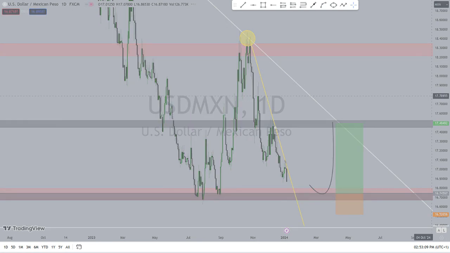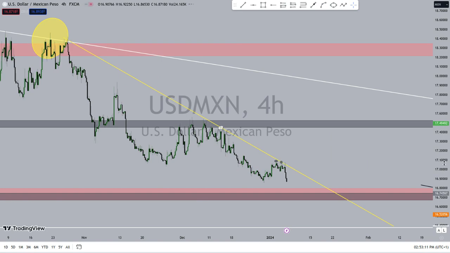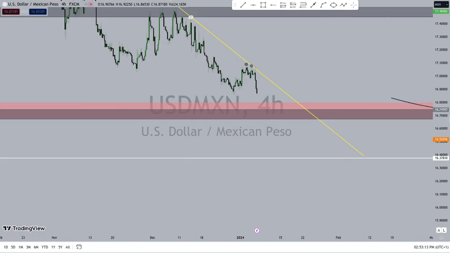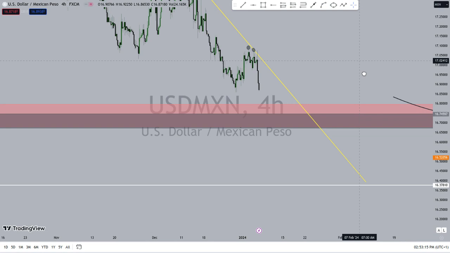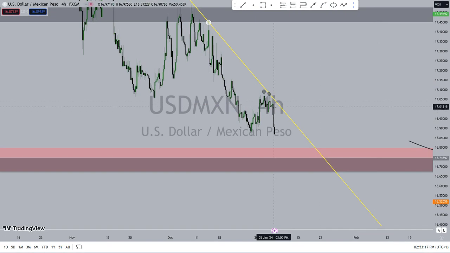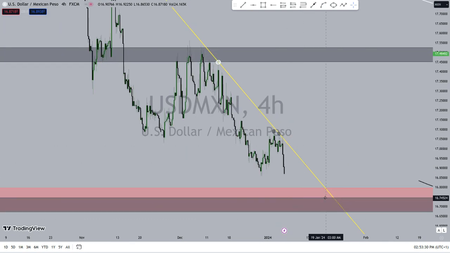If you go to the 4 hour time frame to see things clearly, this might take a few days to materialize. Let's give it 4 to 7 trading days, then we can see it materialize and clearly tell us where it wants to go.